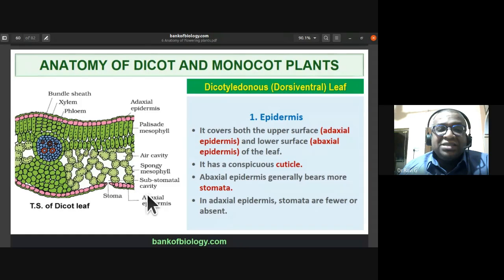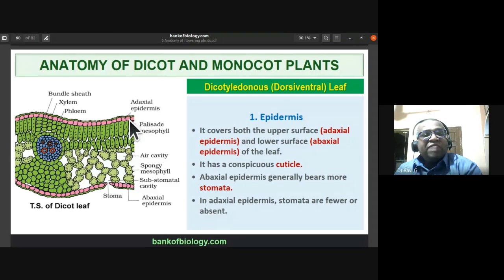Cuticle is a waxy layer, present to prevent evaporation of water from the plant tissues. The abaxial, lower epidermis has the stomata, that is, it is hypostomatic in nature. In the adaxial epidermis, stomata are fewer or absent.